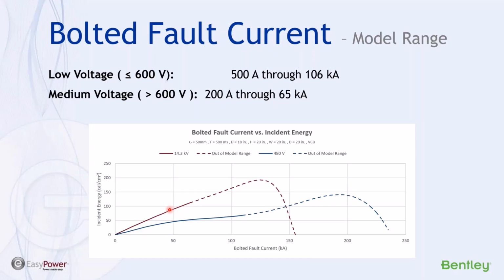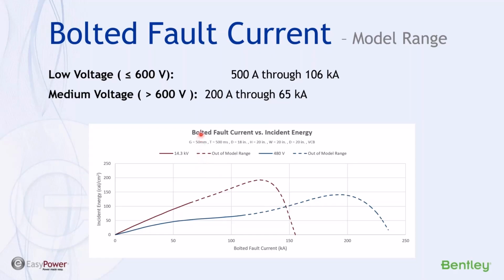And then the blue is the low voltage 600 volt range. And where they stop, the dotted line is where they exceed the prescribed range listed in the model. And 1584 gives us no recommendation on what to do at that point.